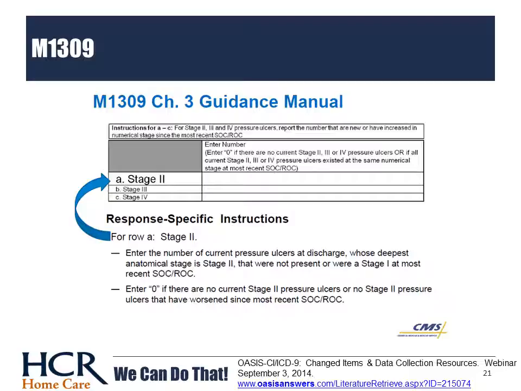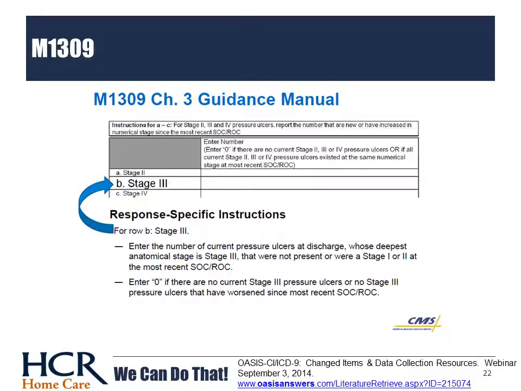If there was no stage 2 pressure ulcer at the most recent start of care or resumption of care, and now there is a stage 2 pressure ulcer, once again, that ulcer has worsened since the most recent start of care or resumption of care, and therefore would be reported here. You can enter a 0 if there are no current stage 2 pressure ulcers or no stage 2 pressure ulcer that has worsened since the most recent start of care or resumption of care.